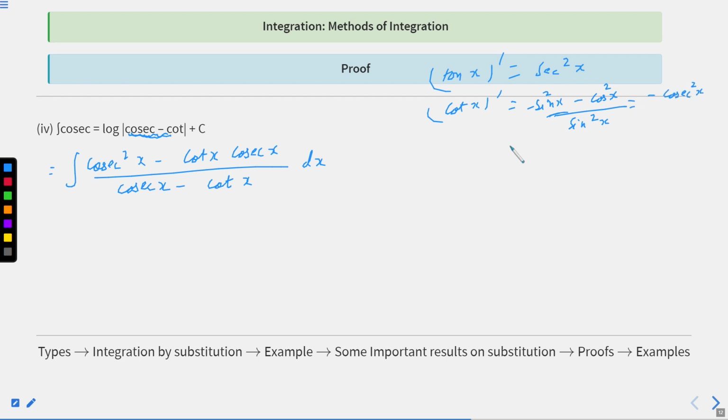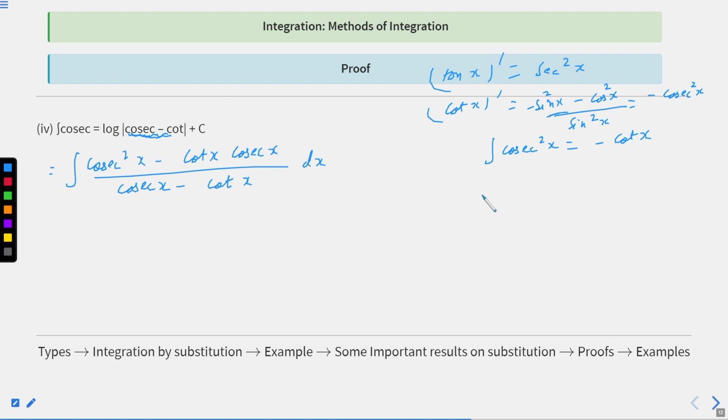This means integration of cosec square x will be minus cot x. So far so good. As we just saw, the sec x derivative is sec x tan x.